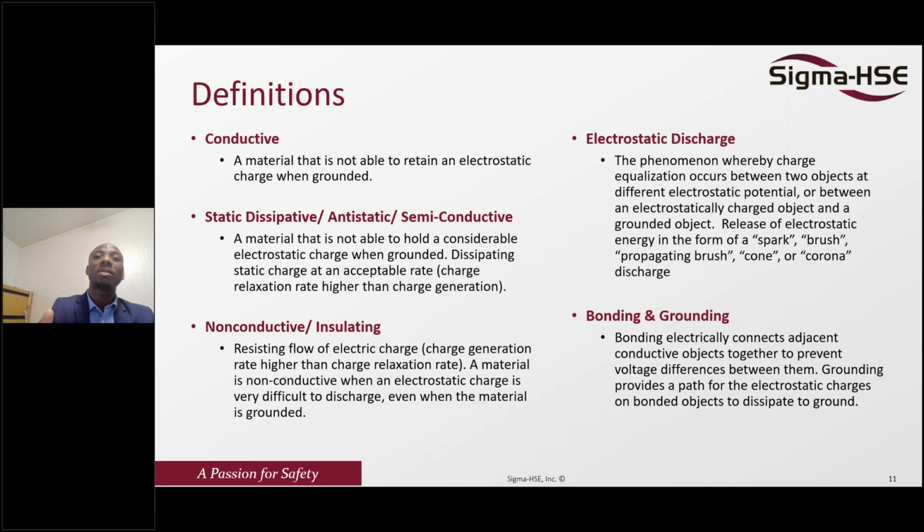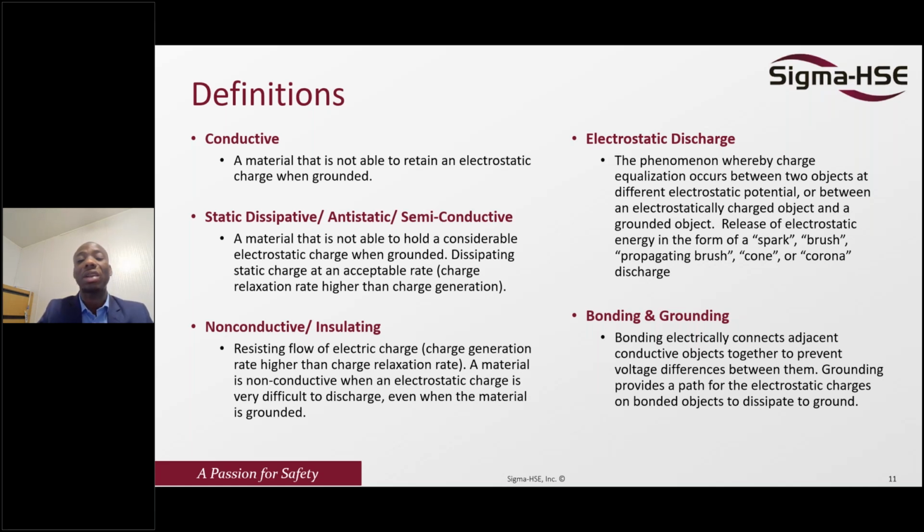That's why we always recommend in the industry, where you handle any flammable materials, always use conductive or static dissipative material for handling, so that whenever charge accumulates it can dissipate. For non-conductive, even if you ground it, nothing flows through it. So whatever charge stays there will continue to stay there, and we will dive more into that very soon.